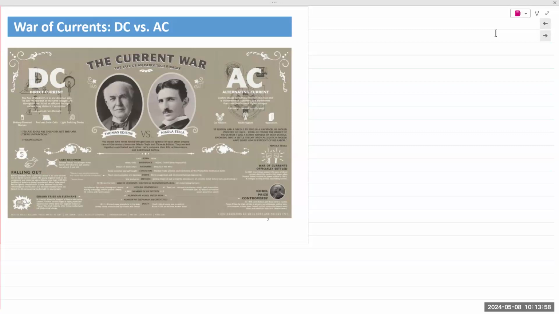Tesla at the time was a researcher working in Europe. He was doing a lot of research in inductors, coils. Many of the technologies that he researched and published are still in existence today. Many of them are part of our everyday lives.